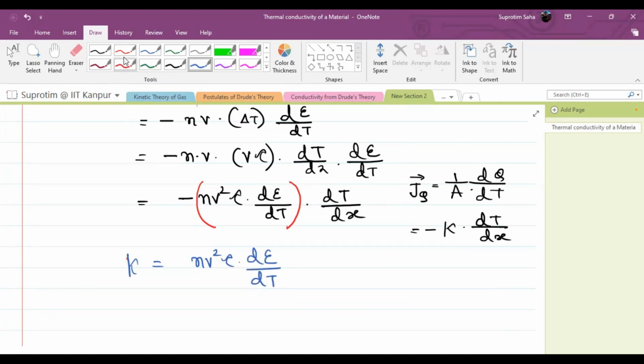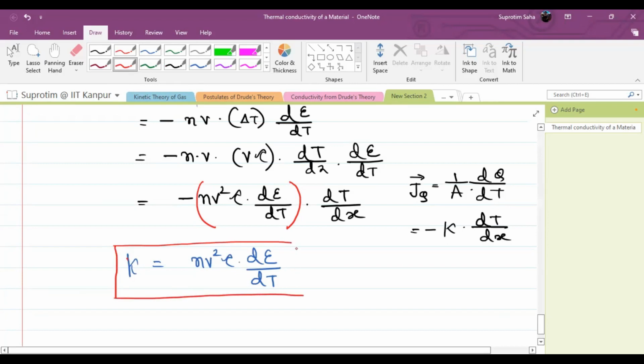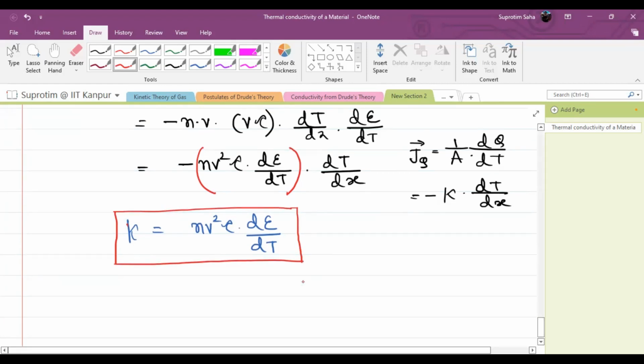This is your final form of kappa, or the thermal conductivity. Understood? So kappa is n v squared tau times d epsilon/dT. Remember that d epsilon/dT is your specific heat, the rate of change of temperature with a given supply of energy. So C_v, specific heat, is your dE/dT. So kappa can also be written as kappa equals n v squared tau C_v.